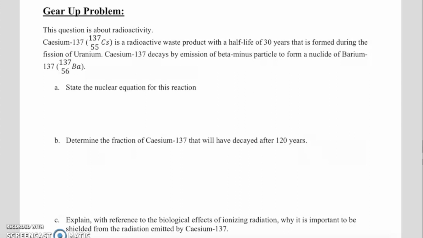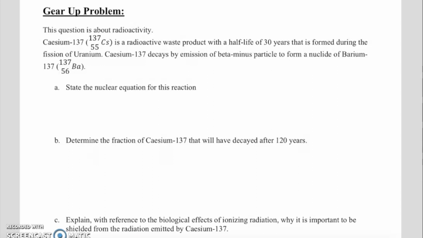Okay, let's take a look at our gear up problem. So this question is going to be about radioactivity, obviously. Cesium-137 is a radioactive waste product with a half-life of 30 years that's formed during the fission of uranium. Cesium-137 decays by emitting beta-negative particles to form a nuclide of barium-137.